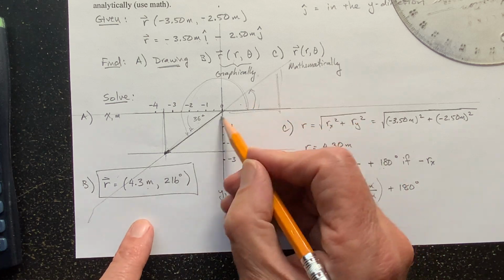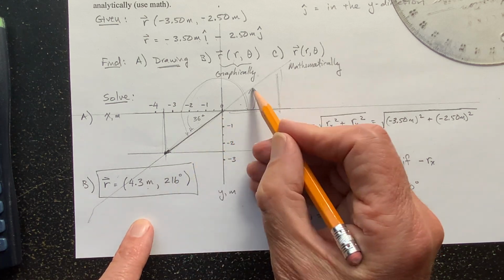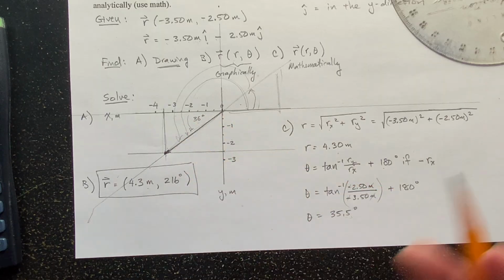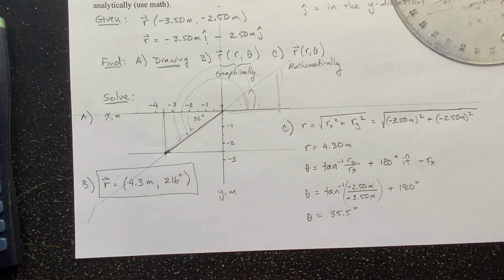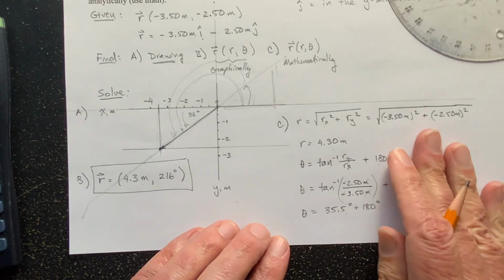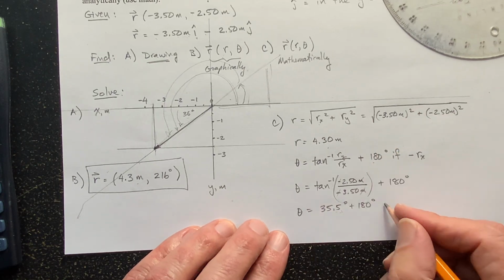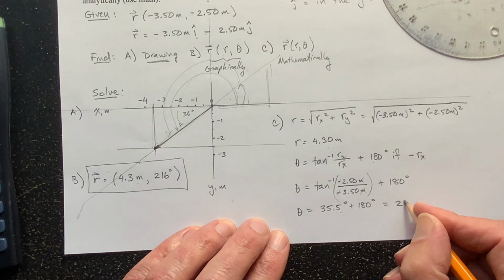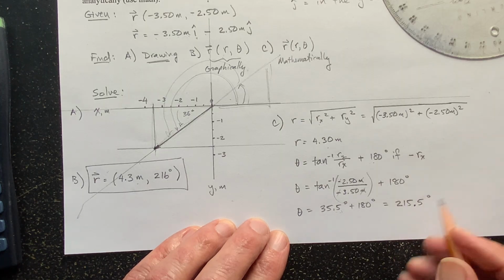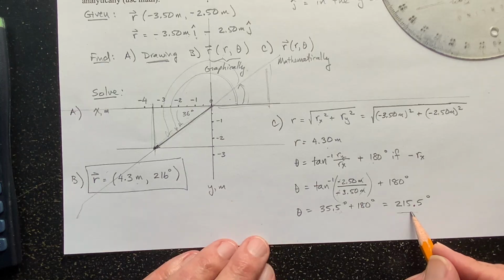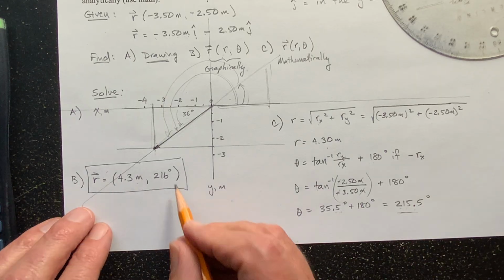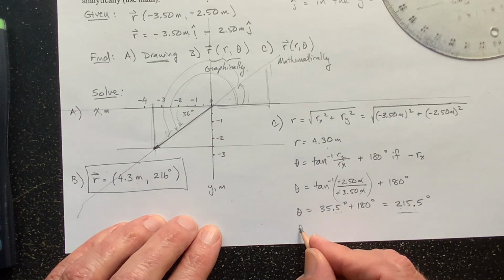Now, to get to where my actual angle is, I have to add 180, just like I did when making it polar coordinates when I did it graphically. So this is plus 180 degrees, which is 215.5 degrees, right?